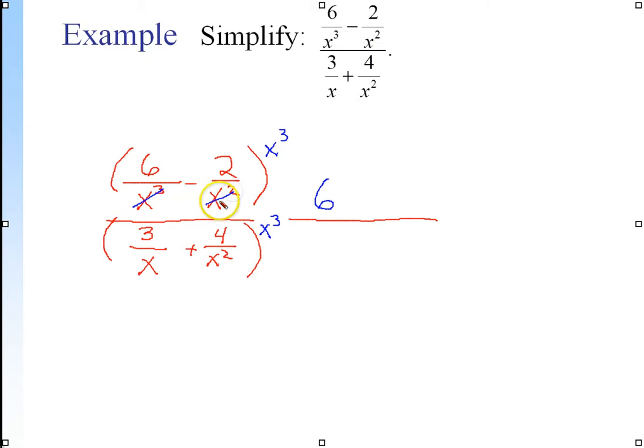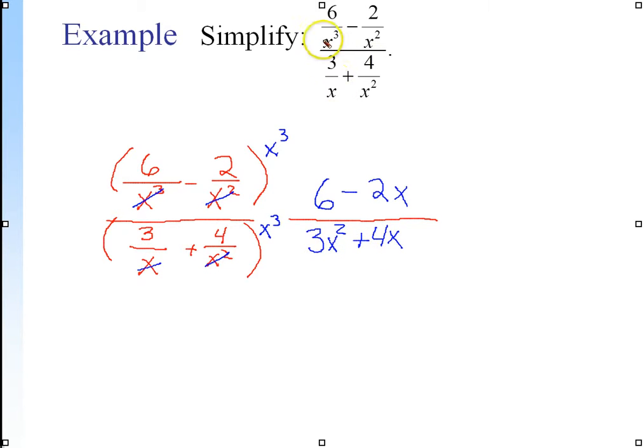Here the x to the second cancels out, and I'm left with a negative 2x. Now here, the x cancels out, and I get x squared, so this is 3x squared. X squared cancels out, and I'm left with a 1x there, so 4x. And there's my answer.